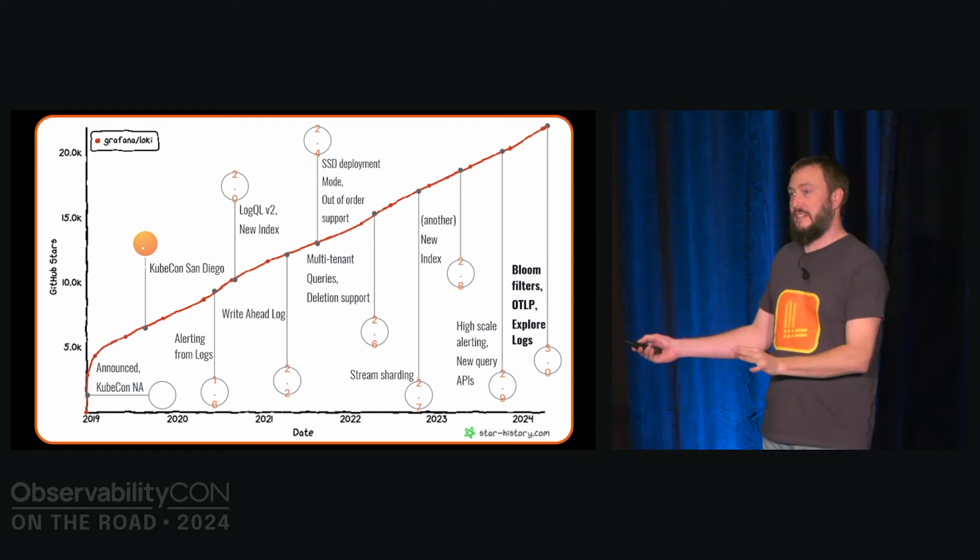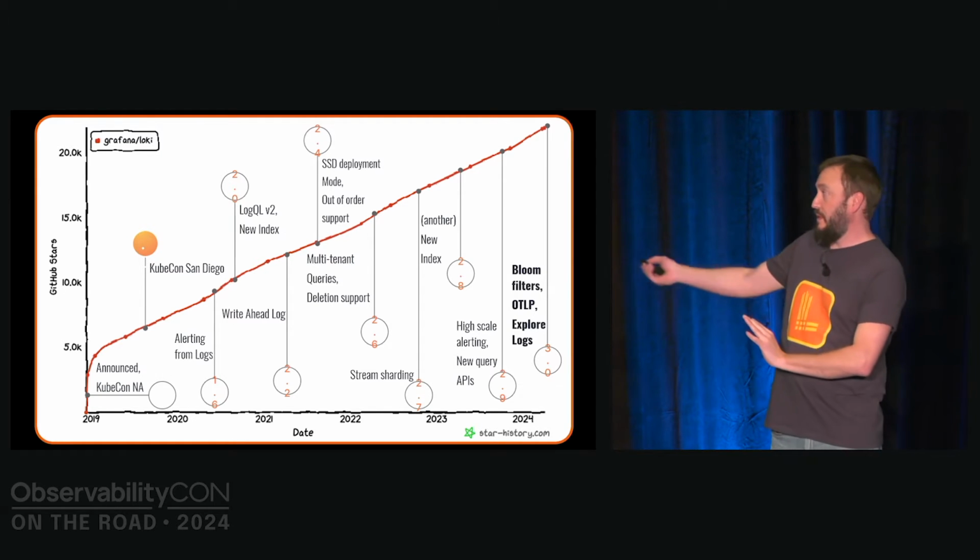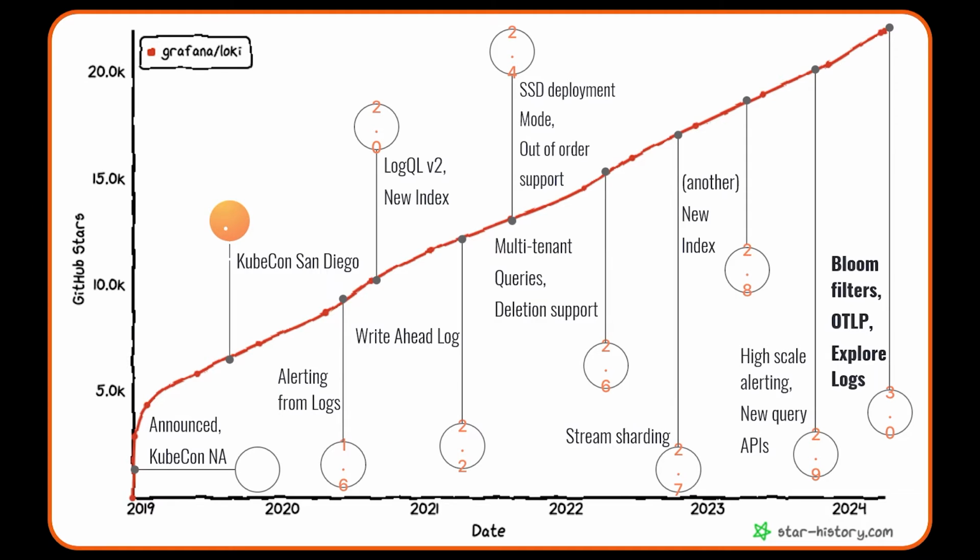But the story of this slide is what we've been building over time. Richie mentioned in the keynote, we're really excited. Loki started as an idea. 5 years later, I would say it's proven to be a popular idea. More than 100,000 active open source installations. As part of our SaaS service for Grafana Cloud, we run numerous clusters that ingest hundreds of terabytes of logs, serve petabytes of queries.